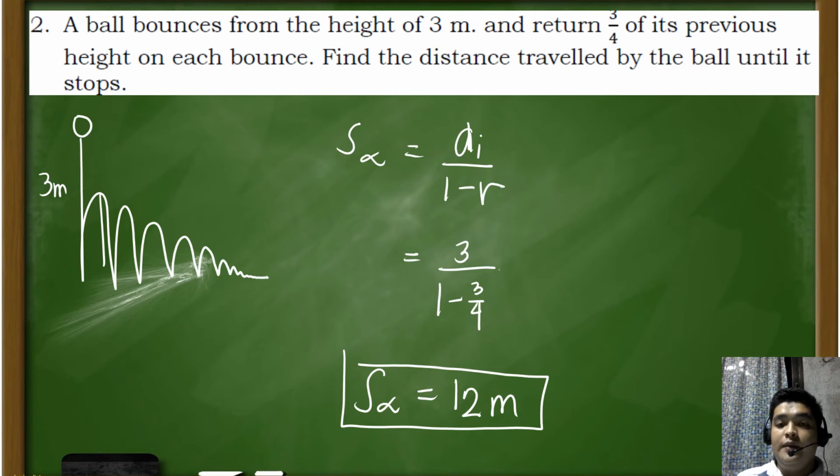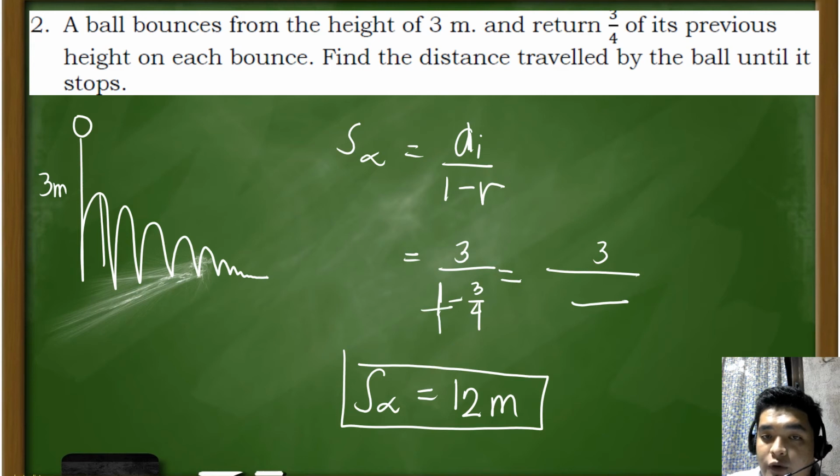Now, to simplify, that is 3 all over 1 minus 3/4. Find the LCD: 1 has denominator 1, so the LCD of 1 and 4 is 4. 4 divided by 1 is 4 times 1 is 4, minus 4 divided by 4 is 1 times 3 is 3. So this is 3 over 4 minus 3, which is 1 over 4.